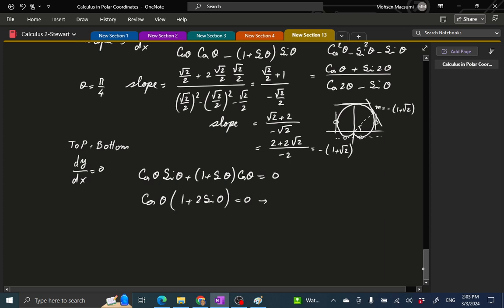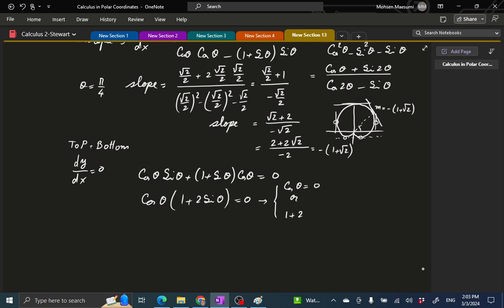Sorry, this tells us either cosine theta is 0 or 1 plus 2 sine theta is 0. This tells us angle is either pi over 2 or 3 pi over 2. So pi over 2 obviously is this. 3 pi over 2 is a problematic point.